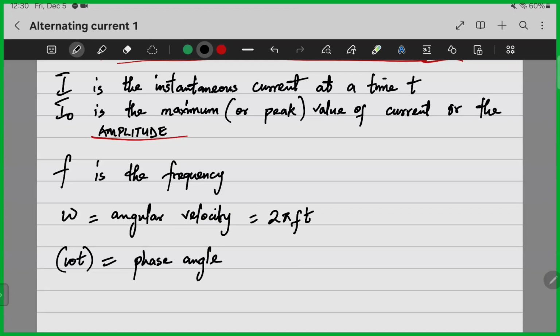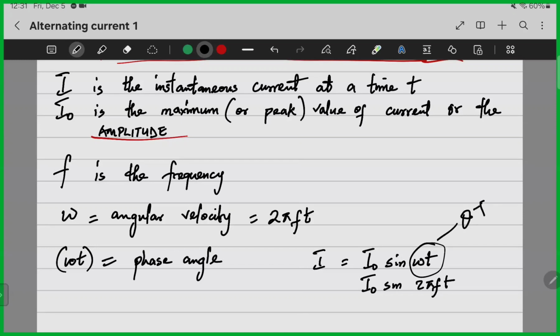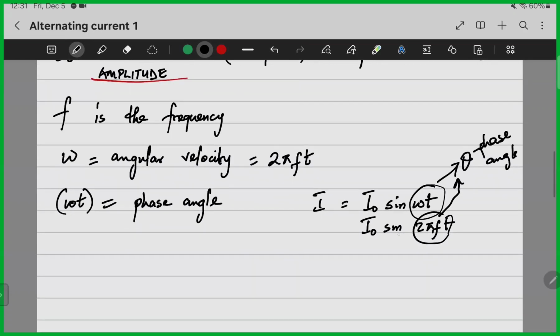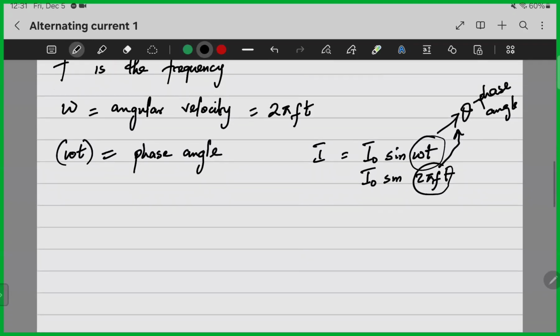Take note of that. If you recall, I is equal to I naught sine Wt, or I naught sine 2 pi ft. So this entire Wt is the phase angle. It's like theta. So when you say sine of something, sine of phase angle, that means Wt, the entire thing, is the phase angle. So we are building the structure.